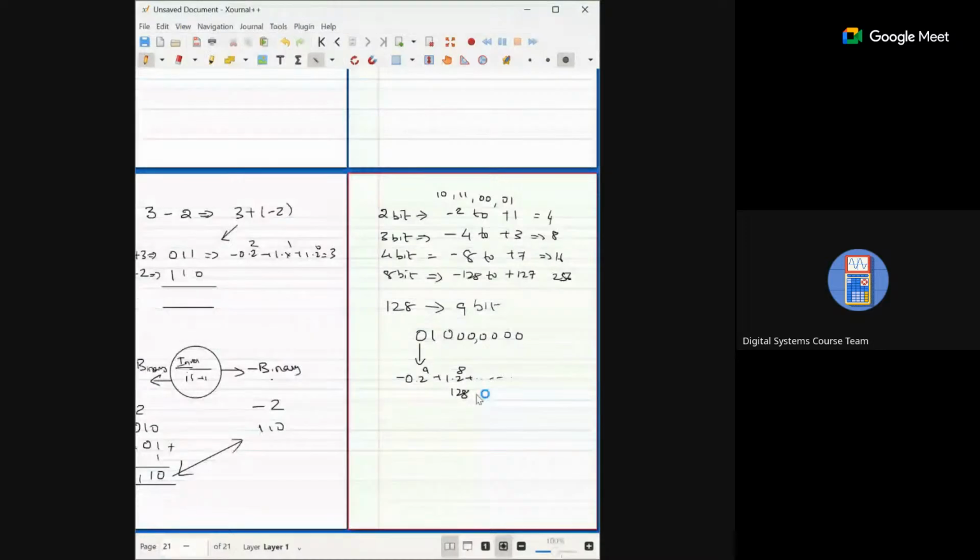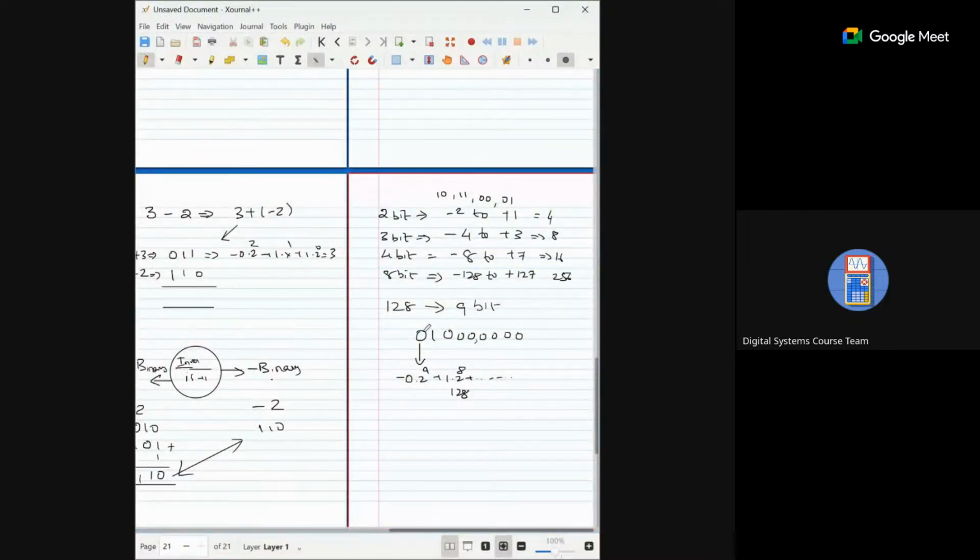Then if I consider the 8-bit case, if I just omit this last part, 1 0 0 0 0 0 0 0, I have only 8 bits. So this is equal to minus 1 into 2 power 7. Sorry, am I right? This should be 7.